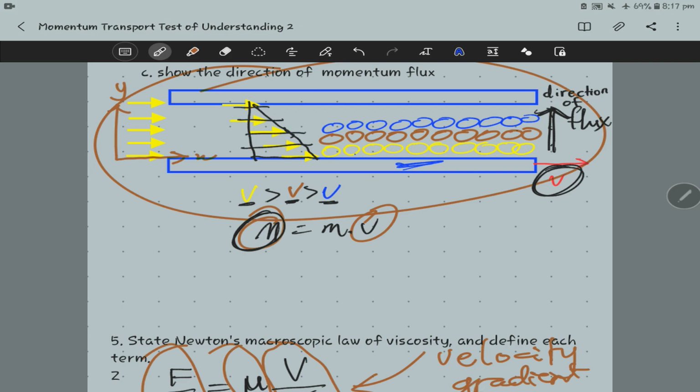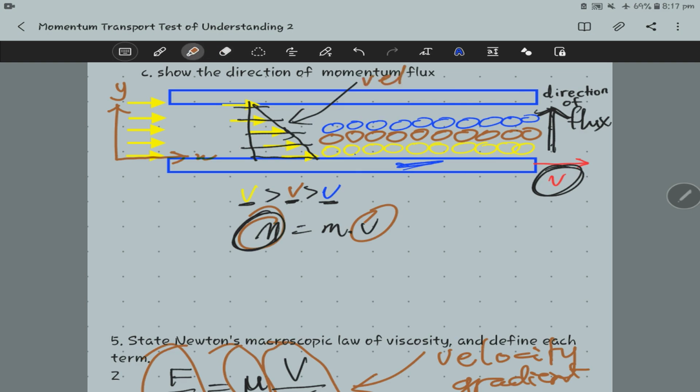So basically this here is what we call the velocity profile, or velocity distribution, right?